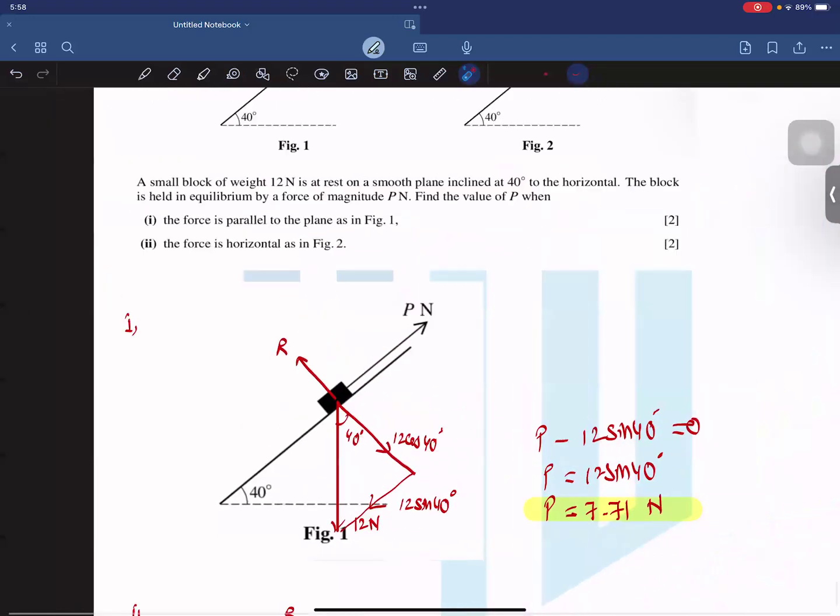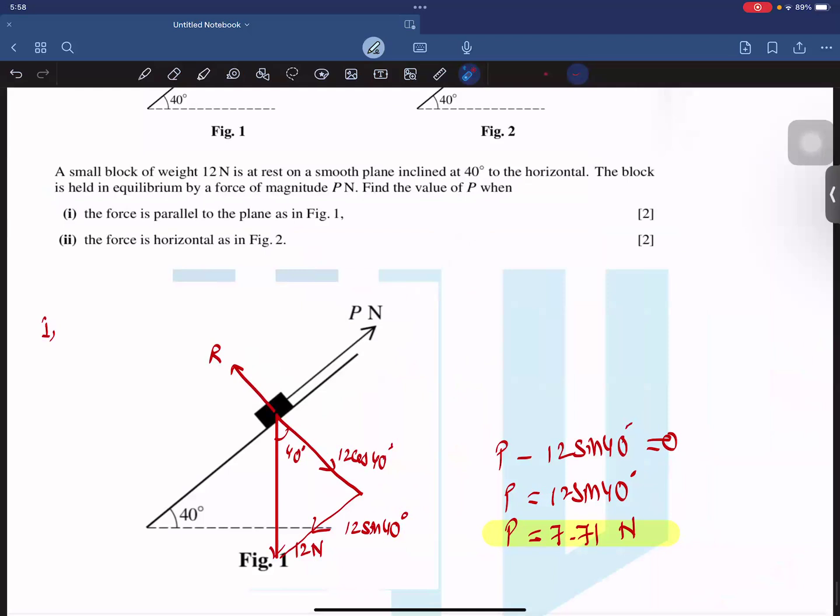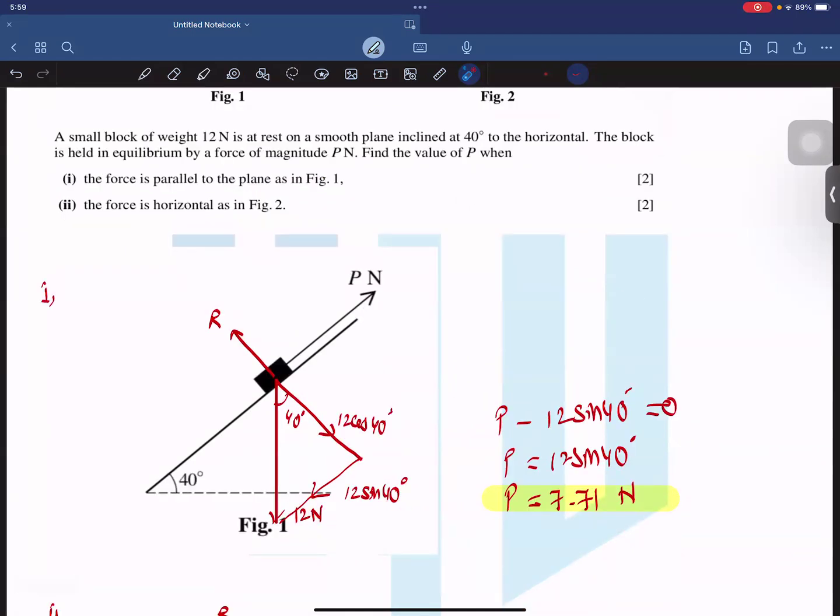The block is at rest and the plane is smooth, so there is no friction. Therefore P minus 12 sine 40 is equal to 0. Therefore P is equal to 12 sine 40, and P is equal to 7.71 Newton, correct to 3SF. This was the complete working of part 1, which was worth 2 marks.